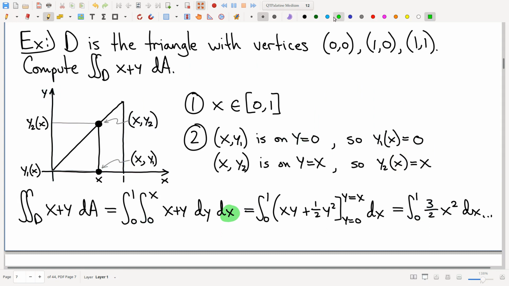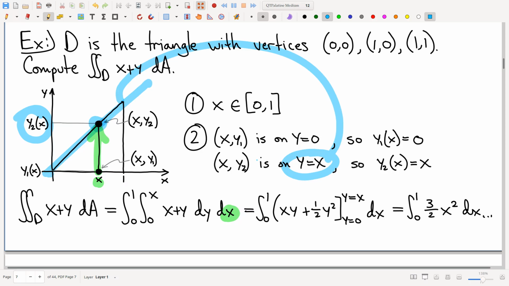Okay, so again, for a particular value of x, there's that x slice. That's how we move along in the y direction on that x slice. The upper bound for y is going to come from that point, which is on this curve, which has this equation. Now, how did I get that equation? It wasn't given to us. Well, they gave us these points, and the picture, by the way, you really need the picture for this.